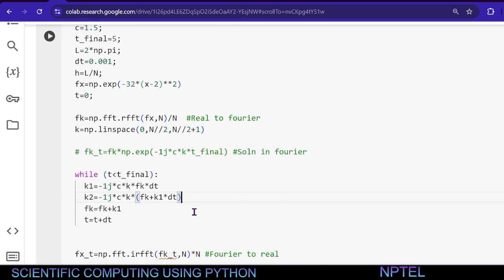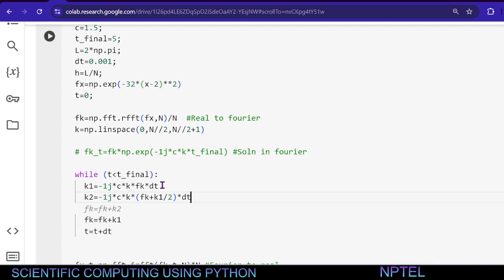So it is minus 1j times c times fk plus k1 dt, right? So instead of fk, use fk plus k1 dt. No, it should be fk plus k1, because k1 itself includes dt and we only go halfway, right? So it's going to be k1 by 2 and this multiplied by dt.